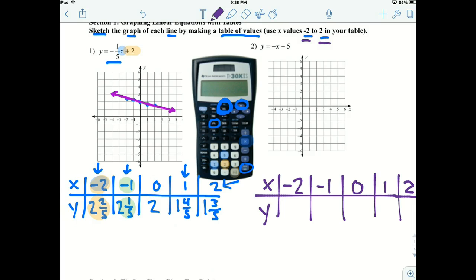And now I need to plug each of those in for the x that we have right here. This time, instead of using the calculator, I'm just going to show you by writing out below what I'm doing. I'm going to plug the -2 into this equation. So I'm going to have a negative x, and I'm going to just leave open parentheses, minus 5 is my equation.